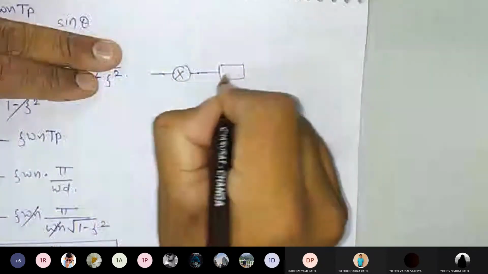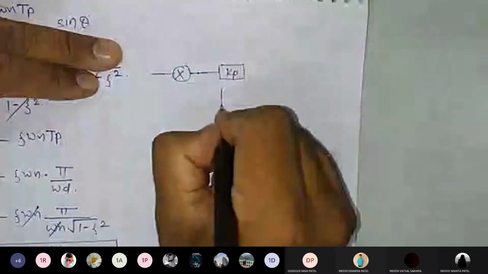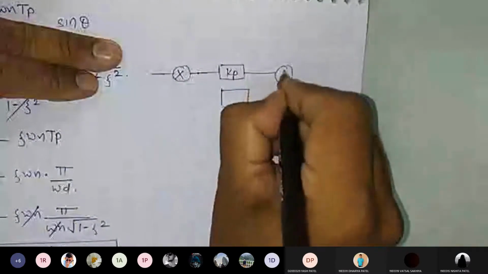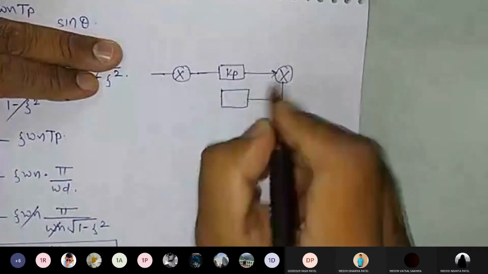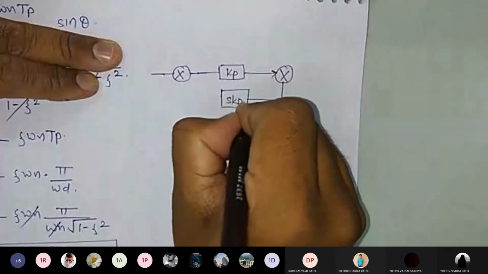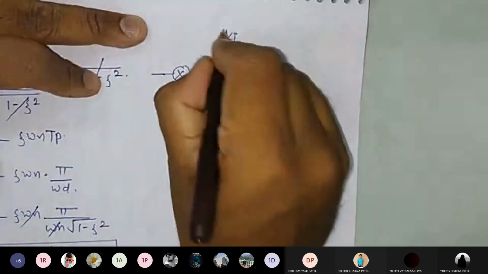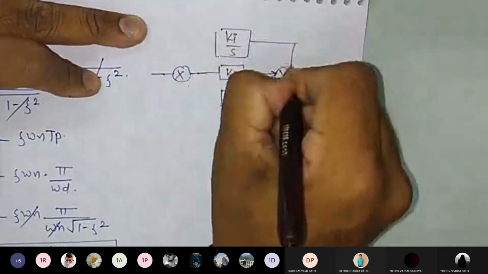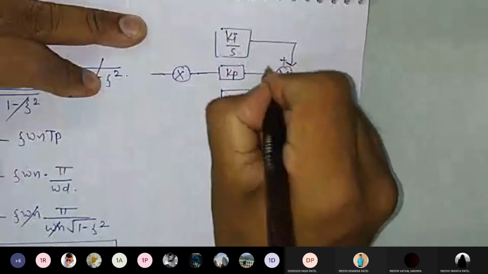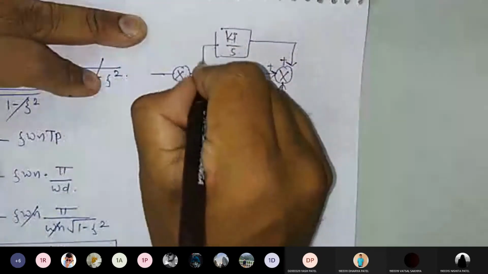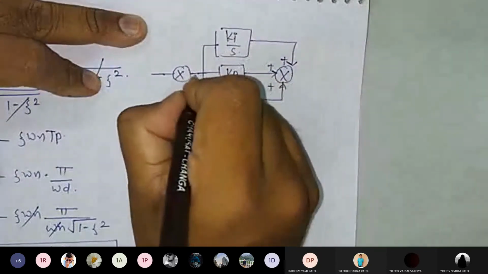It should be multiplied with Kp, one summing point, sKd for D and Ki by s, plus.